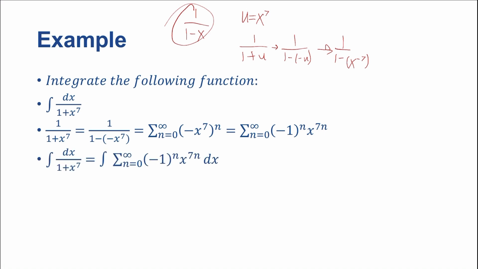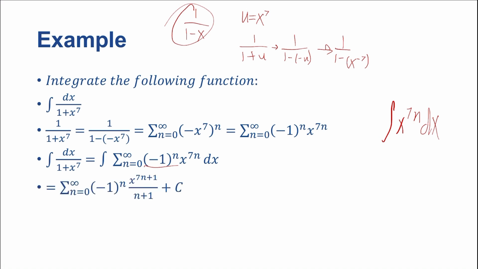So the integral of dx over 1 plus x to the 7th is equal to the integral of the sum from n equals 0 to infinity of -1 to the n times x to the 7n dx. Now we can do this integral quite easily because we can take the sum out with this constant here, and we can just take the integral of x to the 7n dx, which is a trivial integral. n is a constant, 7 is a constant.